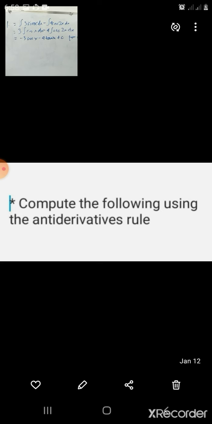For number 2, we have the integral of 2x minus 6 dx. Are you following me?